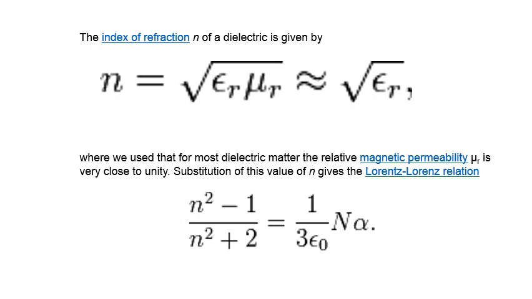That is why we are keeping it as 1. So substituting this value gives this equation, called the Lorentz relation: (n squared minus 1) over (n squared plus 2) equal to 1 upon 3 epsilon 0 times N alpha. This is another form of the CM relation, called the Lorentz relation. In this, we replaced epsilon r, the permittivity, with n, the refractive index. So this is another form of the CM equation.